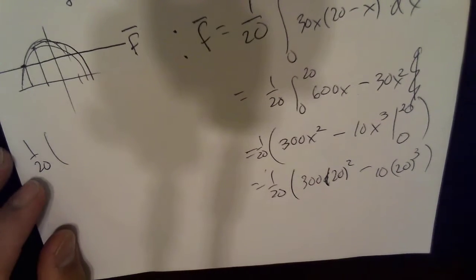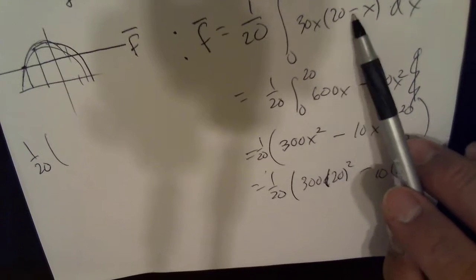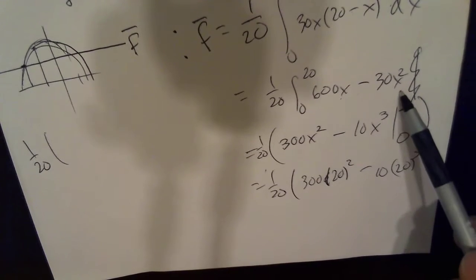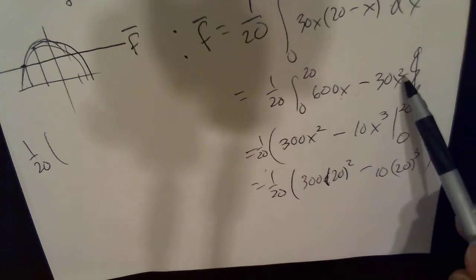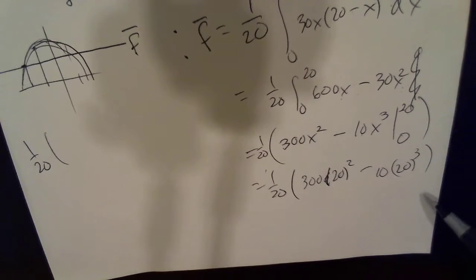Okay, alright, so I'm not sure how they got a 3 in the denominator. That doesn't seem right, let's see here. 600x, 30x squared cubed. No, I don't see it, Eduardo. Even if I plug this in, there shouldn't be a 3 down here. That's 20.